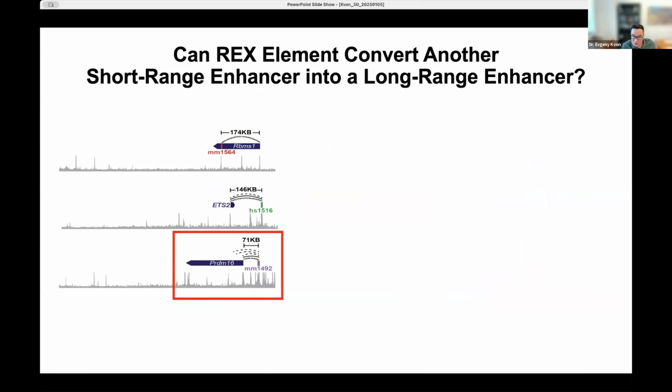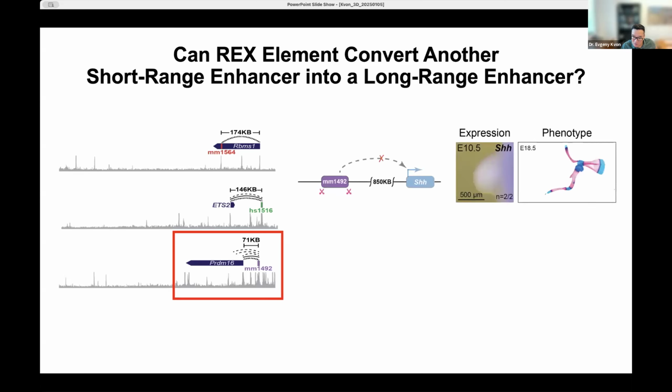To test that, we chose the shortest range enhancer we had, which was the enhancer of PRDM16, located 71 kb from its target gene. And to remind you, replacing ZRS with that short-range enhancer was not able to start Sonic Hedgehog expression.